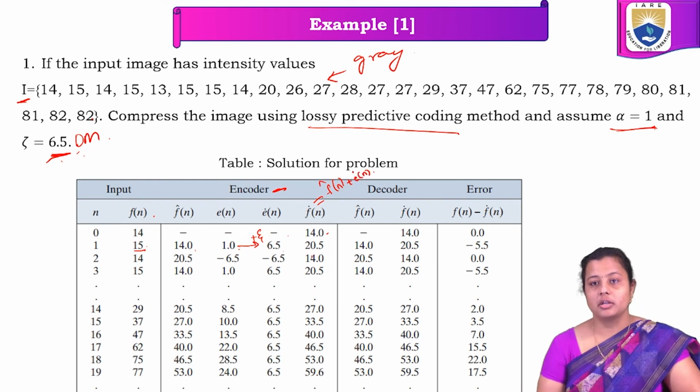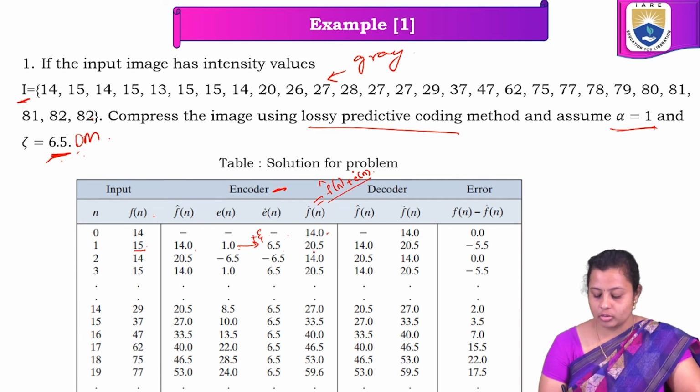This is my equation, which we have seen previously. So I have got f cap 14 plus 6.5, which is 20.5. This is my predicted value of my lossy predictive value.